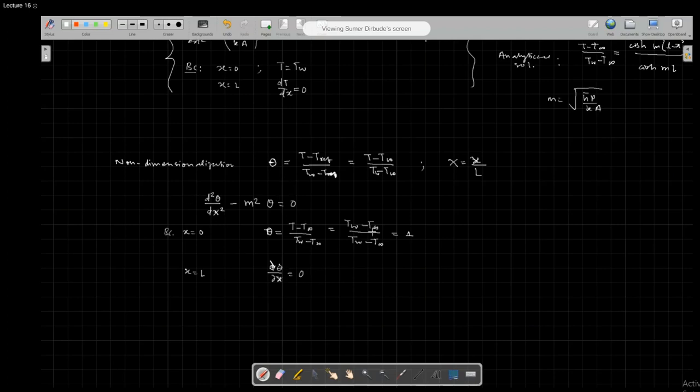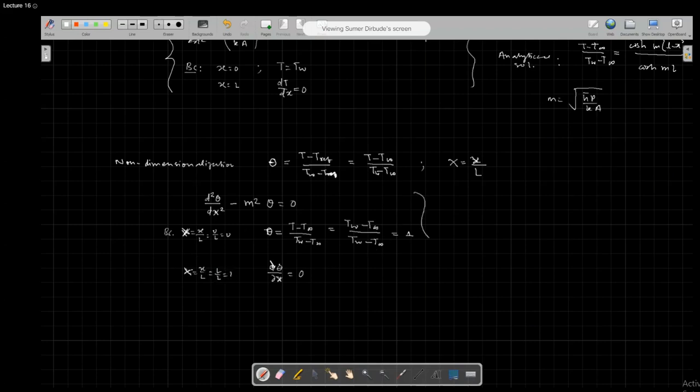So this is a new problem now. L is nothing but 1. Here capital X equals 1. These are capital X's. Capital X equals x by L. At x equals 0, capital X is 0 by L, which is 0. At x equals L, it is L by L, so 1.